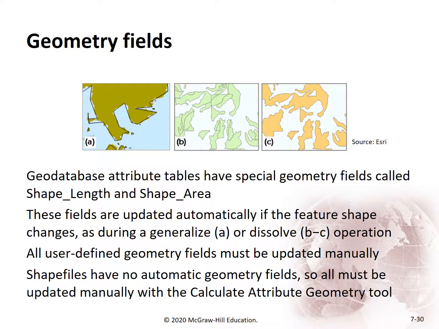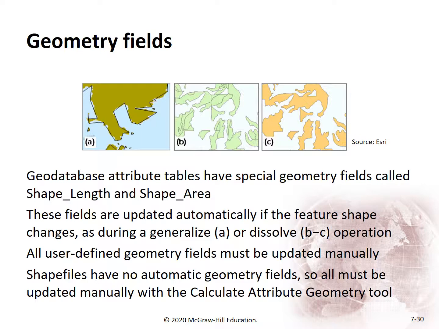As far as the geometry, geodatabase attribute tables have special fields called Shape_Length and Shape_Area. The important thing to remember about these two is that if you're in a geodatabase, these fields are automatically updated. What does that mean?